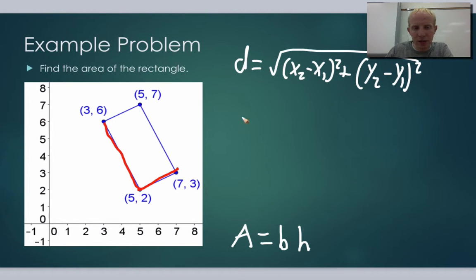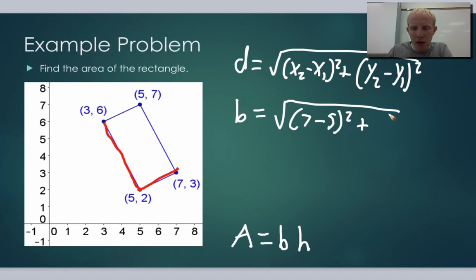The distance for the base is going to be equal to the square root of all this stuff plugged in for these points. So x2 is going to be 7, x1 is going to be 5, squared, plus y2 is 3, y1 is 2, squared.